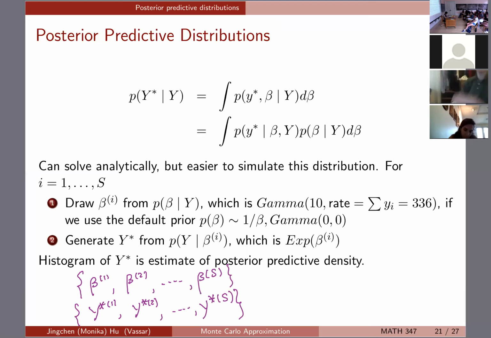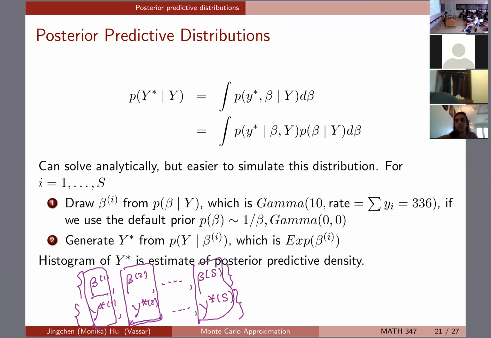In particular, each of these is a pair, right? Because for example, for the first pair, you generate the beta first from its posterior, and then you generate the y star. And then for the second beta, you do a random draw from the posterior for beta, and then you do a second draw, et cetera, et cetera. So all of these you can consider as pairs.